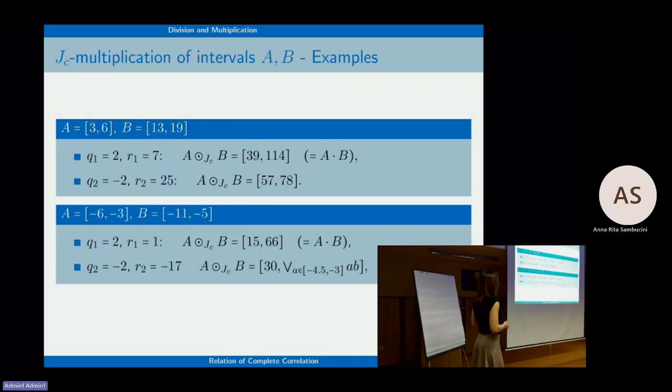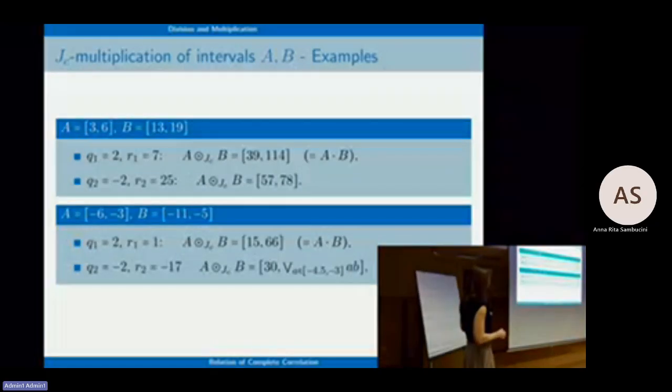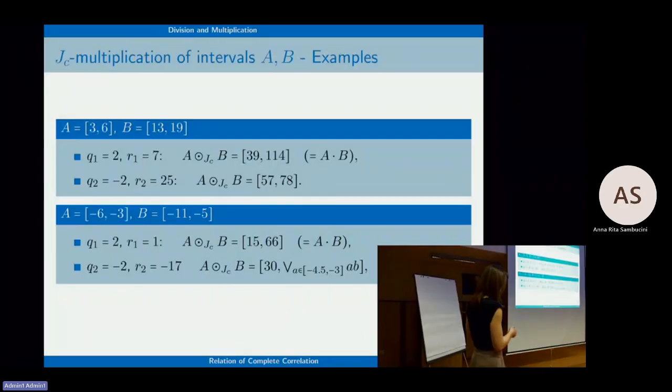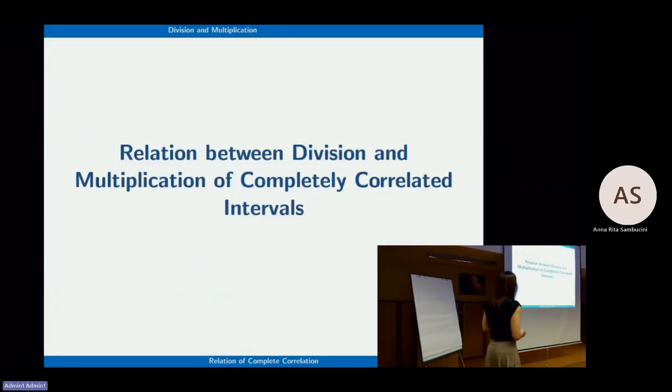And in the case of this example, where we have two negative intervals, again positive and negative correlation. In the positive correlation, we obtain directly this interval, but in the case of negative correlation, there is the exception.